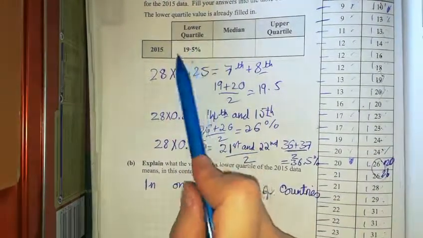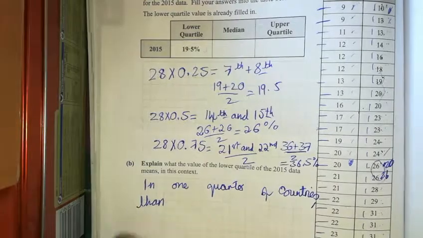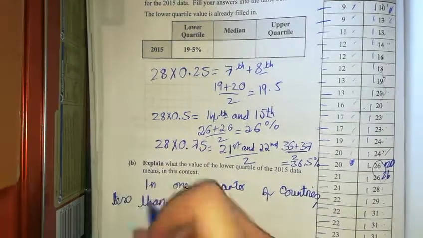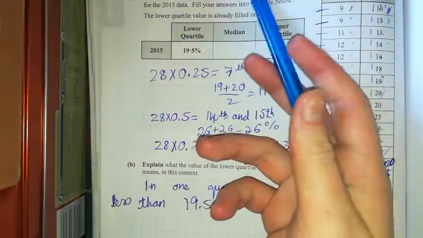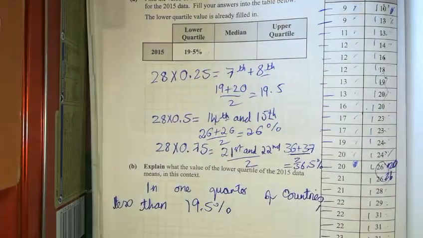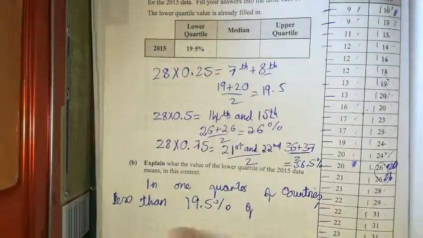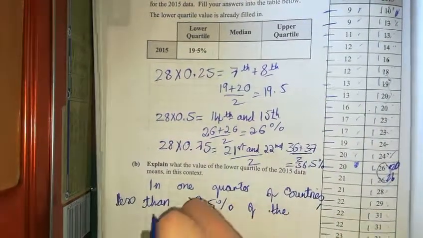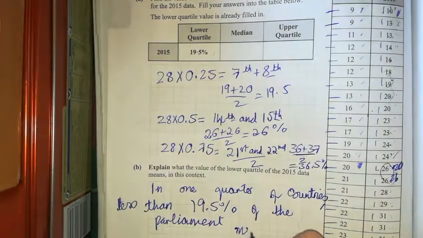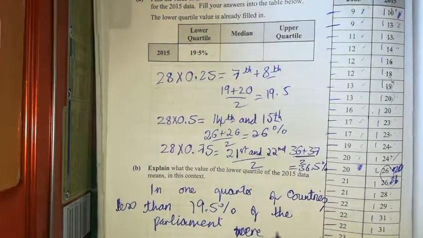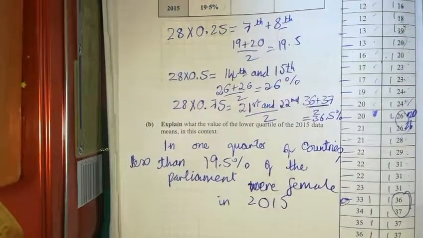The lower quartile is 19.5%, so in 2015, less than 19.5% of the Parliament members were female, because we're looking at the percentage of Parliament members that are female. We have to read back at the question and figure out exactly what this data is representing.